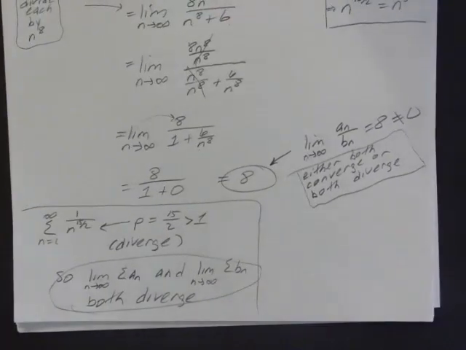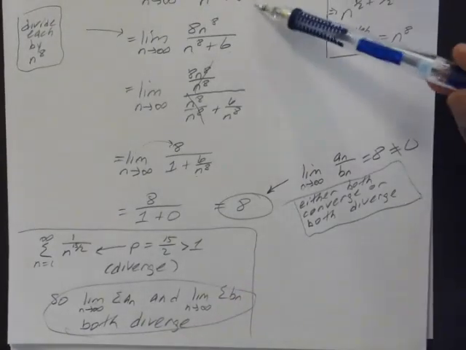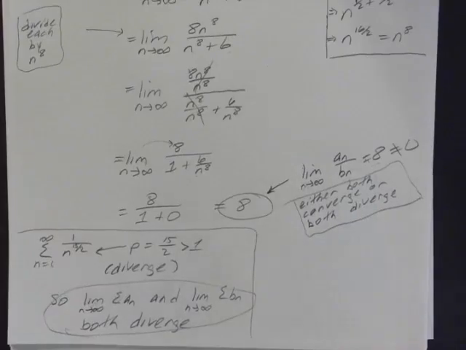Okay, so everything we did before this last step just told us whether or not they will both converge or diverge. So the fact that the limit didn't equal 0 just meant that if you found the limit of one, you found the limit of both.